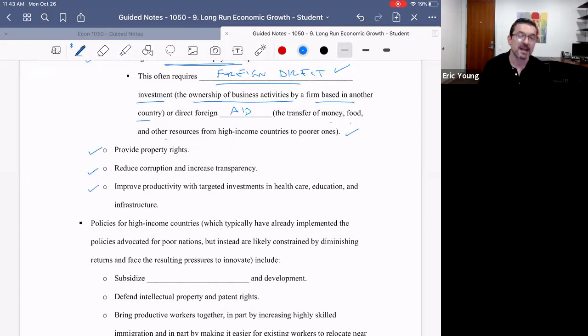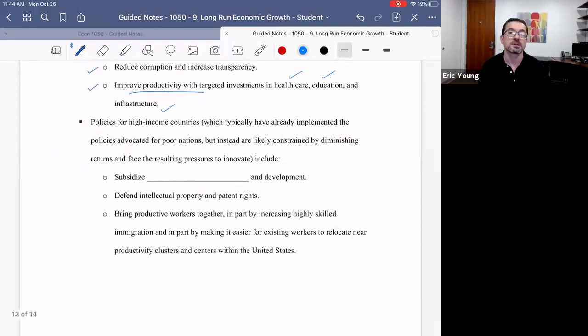And finally, and again, there's a bit of a chicken and egg issue here because they're poor and they don't have a lot of resources, but if they can gain, whether through direct foreign aid, through loans or whatever, access to resources, they would consider improving their productivity with targeted investments in healthcare, in education, and in infrastructure, in those underlying ingredients that can help the entire population be more productive, okay?